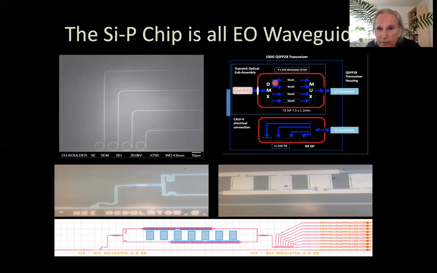If we look, everything that's on that chip, we have one of these at the input, we have some of these modulators in the middle, we have one of these flipped backwards at the output, we have one of these flipped backwards at the input, and then we have some detectors along the side. The silicon photonic chips contain only waveguides and waveguides with electronics on top of them.